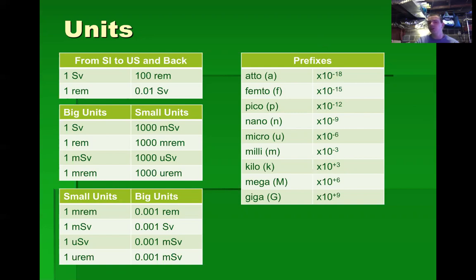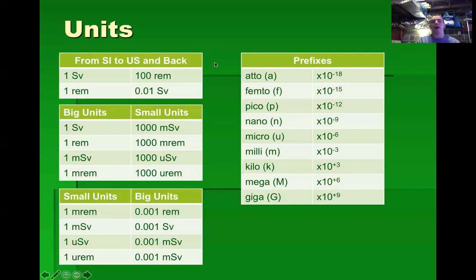So in real world settings, that's not something you're going to use very often. On the other end of the spectrum, when you're talking about activities in SI units, it's very common to have megabecquerels or gigabecquerels. So really, you should have some idea of what these signify in terms of the modifiers.